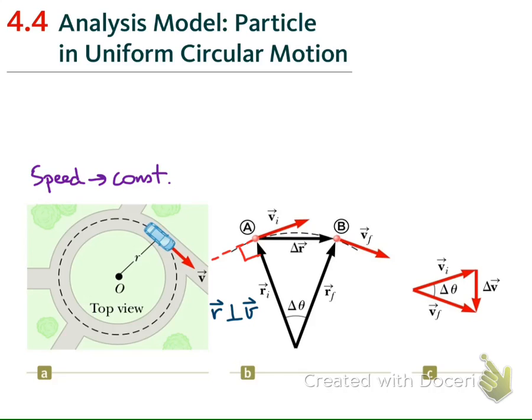We want to find the angle between Vi and Vf. So if we draw the line along the direction of Vi and the line along the direction of Vf, we want to see that this angle is equal to delta theta.